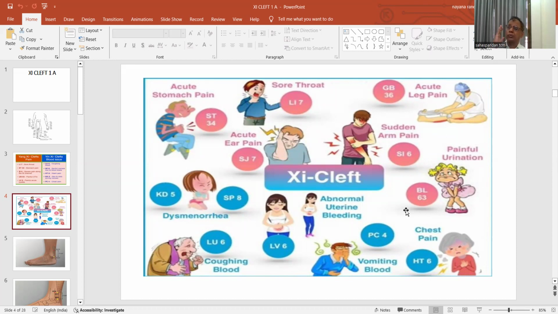And also for painful period. Pericardium 4, for chest pain. Okay, so nosebleed, vomiting of blood, and coughing of blood.